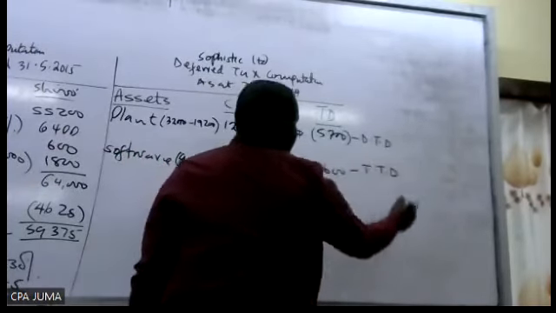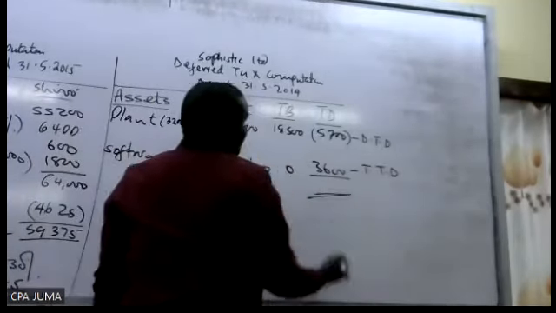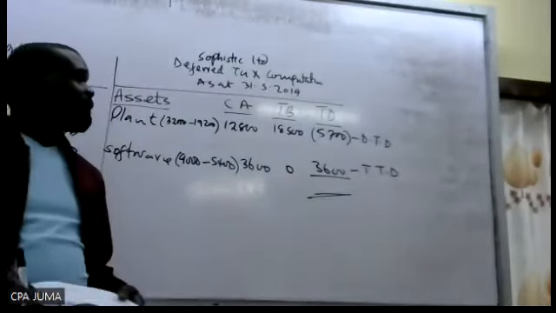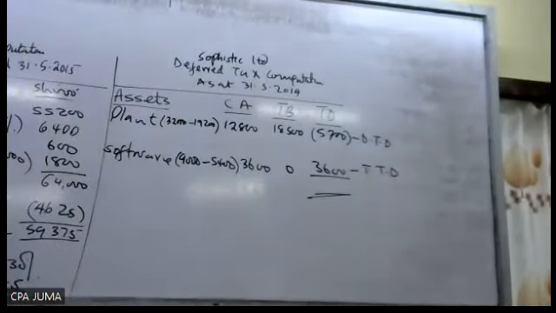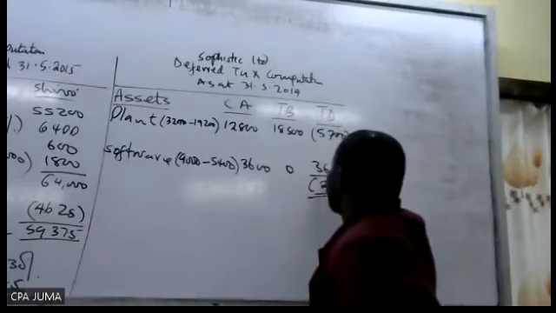Taxable temporary differences. Question. Give us the temporary difference. 21, yeah.